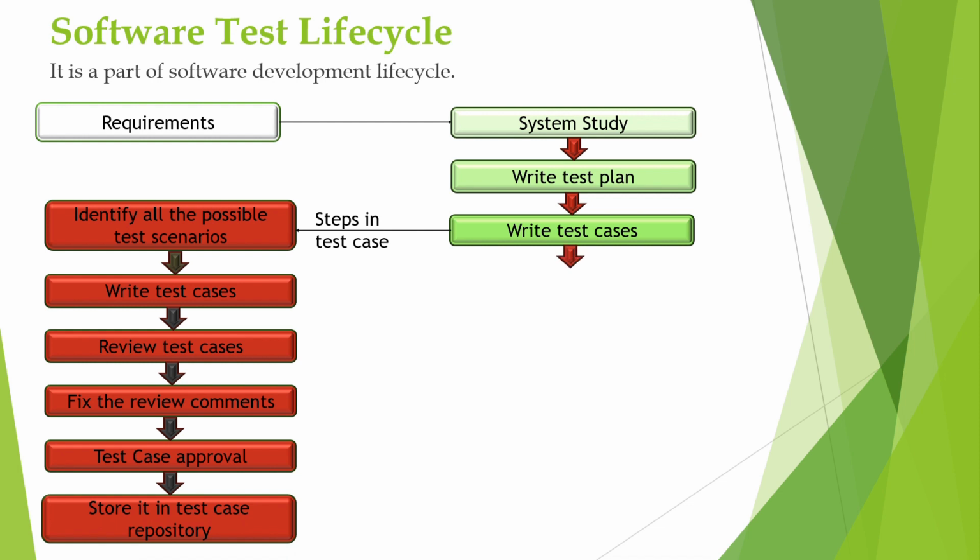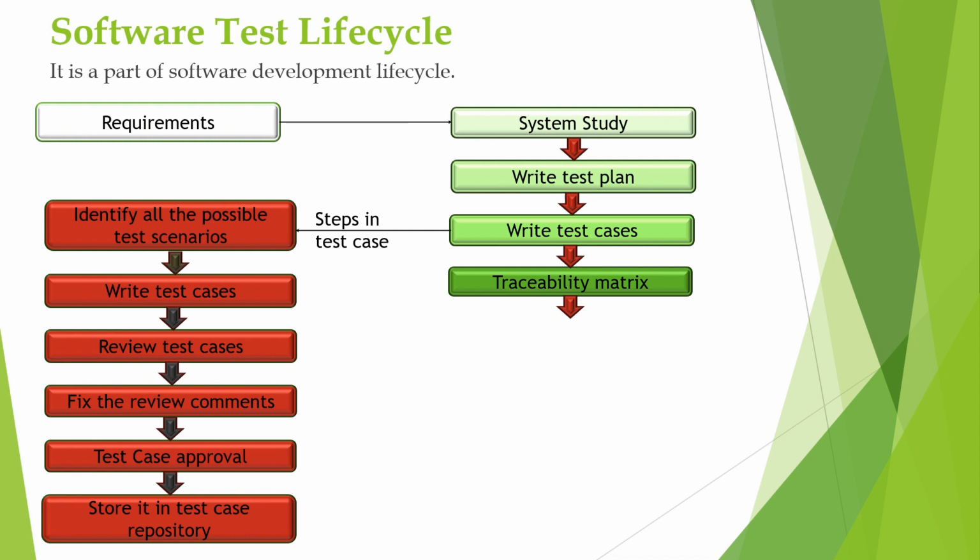Once we complete writing the test cases, we will then prepare the traceability matrix. The traceability matrix is a document where we ensure that each and every requirement has at least one test case. Test cases are written by looking into the requirements, and these test cases are executed.